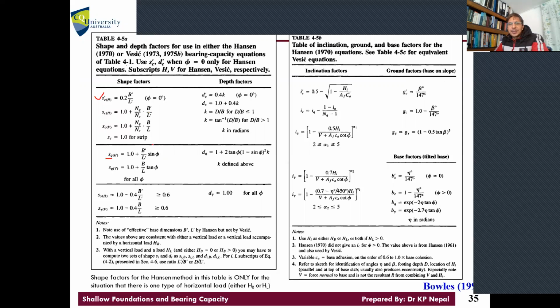You need to use this equation, which they have written for all phi. So in this case also it will be similar to the previous case. And N gamma is also the same as before, but we don't need N gamma in this case. Why? Can anybody explain why we don't need N gamma?